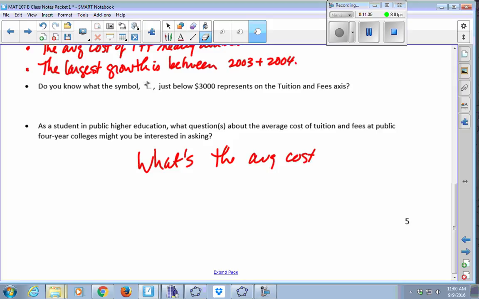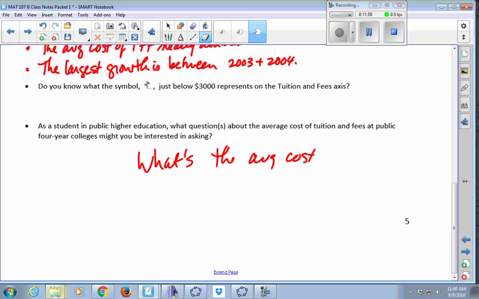So on your projects, when you're answering with sentences, you want to use your variables. So your variable here is the average cost of tuition and fees at four-year public colleges, right? So you want to actually use all of that language in your answers, in your full sentences.